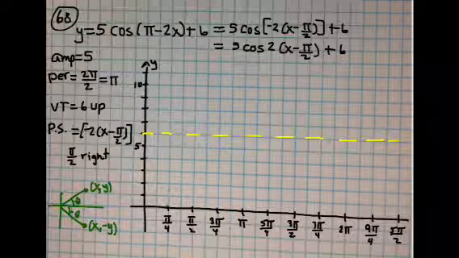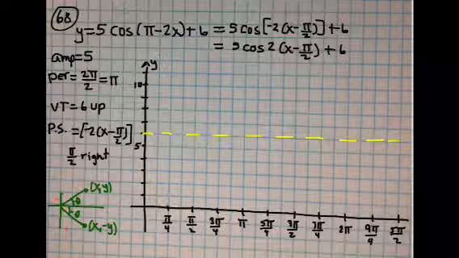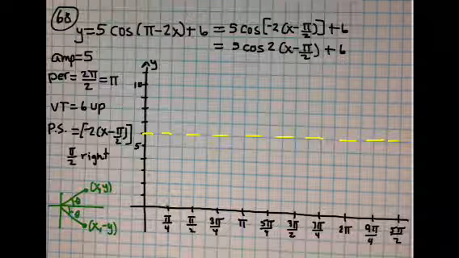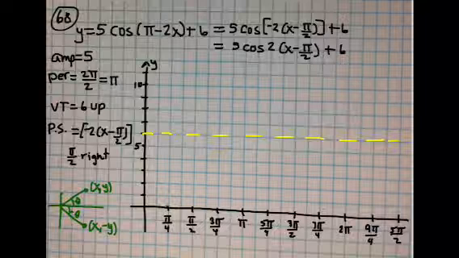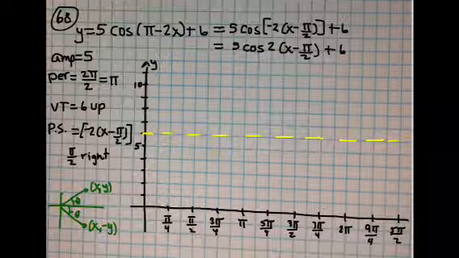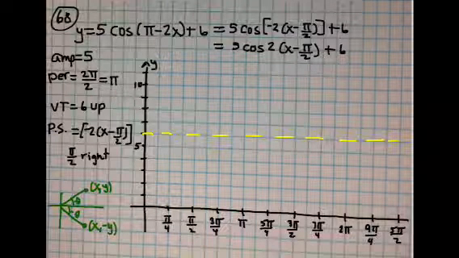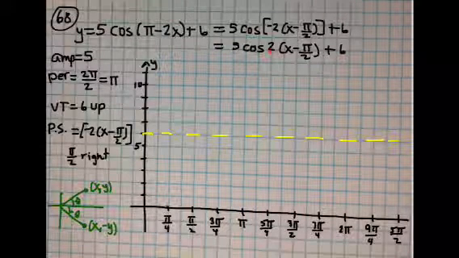And I'll bring you back to the bottom of the screen here. Remember the even-odd properties that say that if you have theta and negative theta, the x's don't change, the y's do. They're opposite of each other, but the x's are the same. And remember, cosine is the x coordinate. So this negative right here, it's as if it wasn't there. It equals +2.